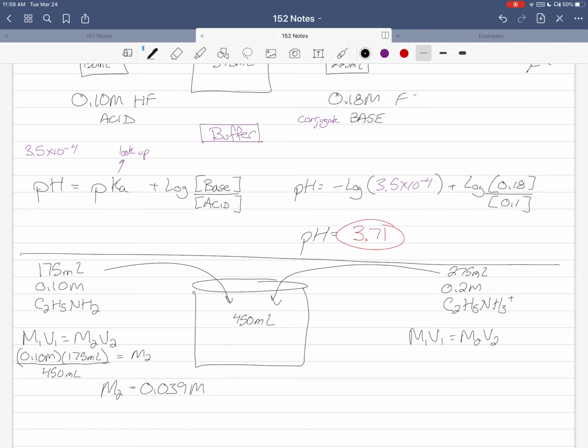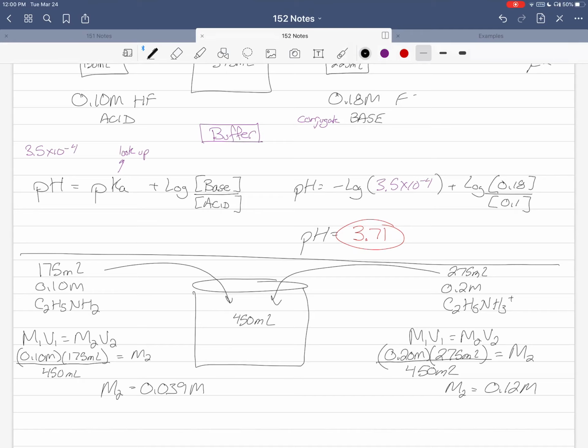Here for C2H5NH3 plus, we have 0.2 molar times 275 milliliters over 450. So the molarity happens to be 0.12. So we have our molarities.